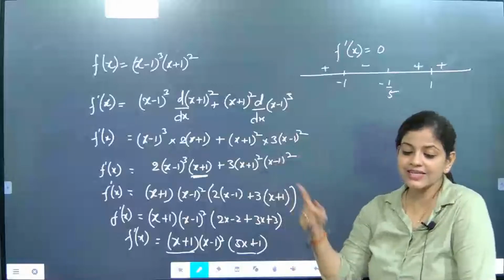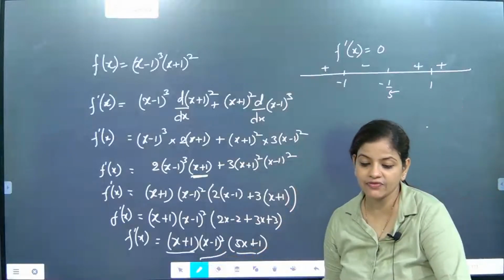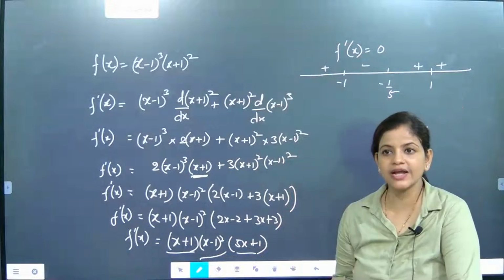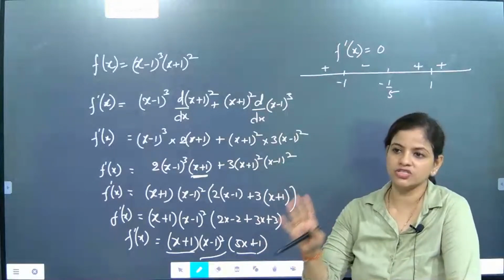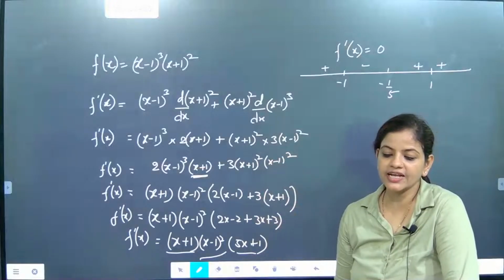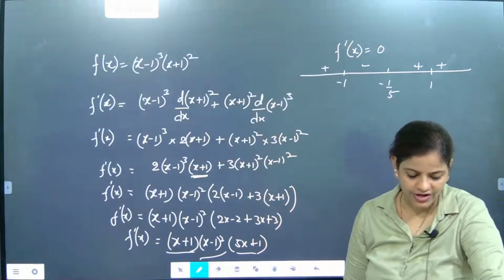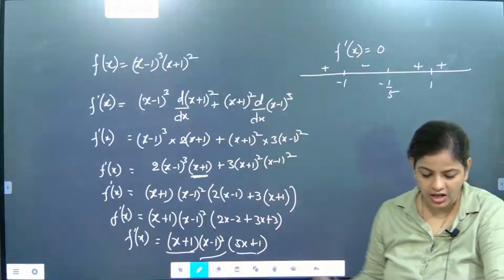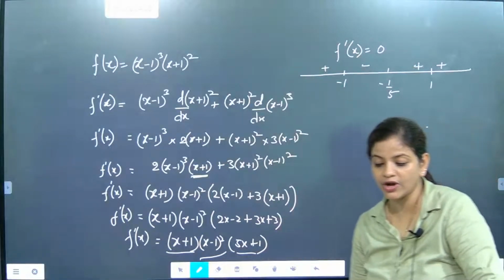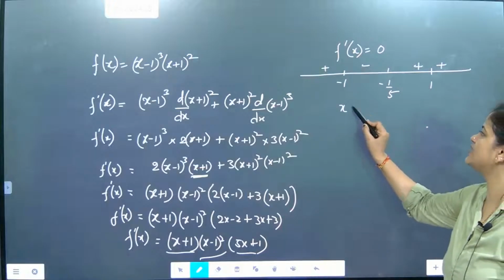But here (x minus 1) has a whole square, so whatever negative or positive value you put, it will always give you a positive value. So we take it as a point of inflection. Now it is neither a point of local maxima nor a point of local minima. Understood?